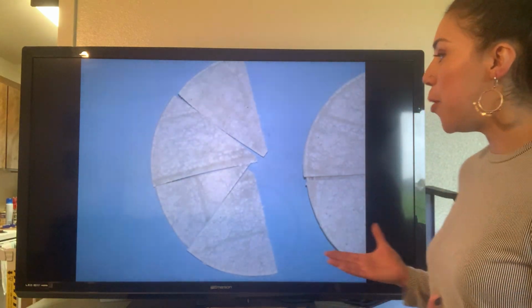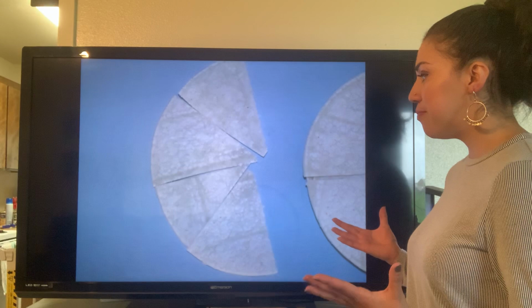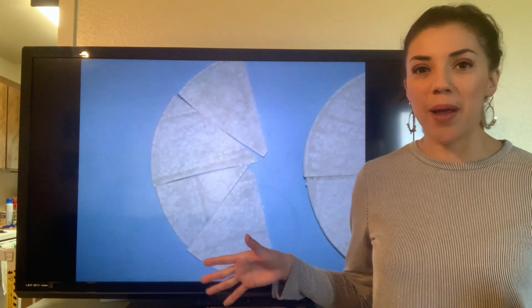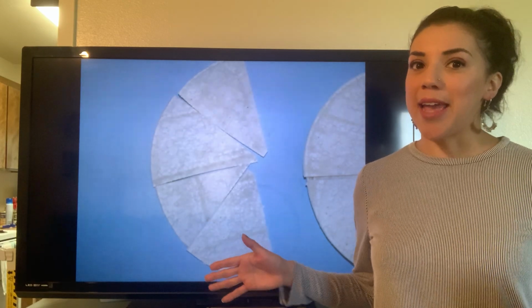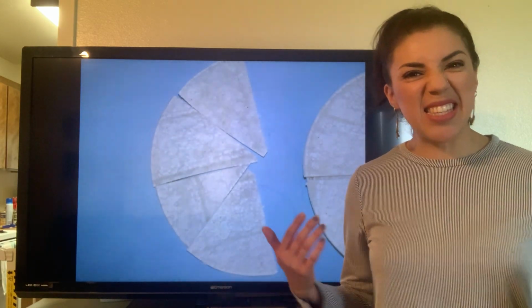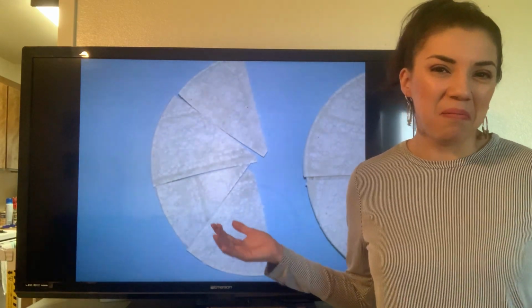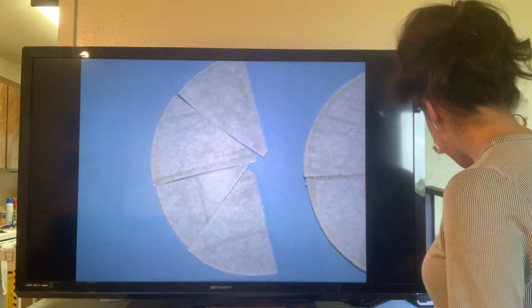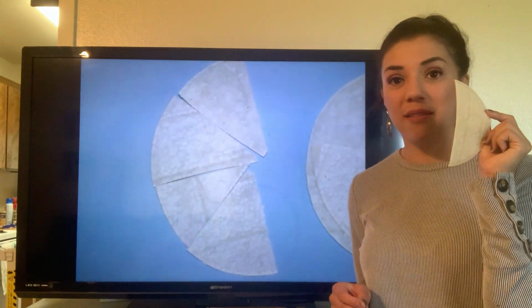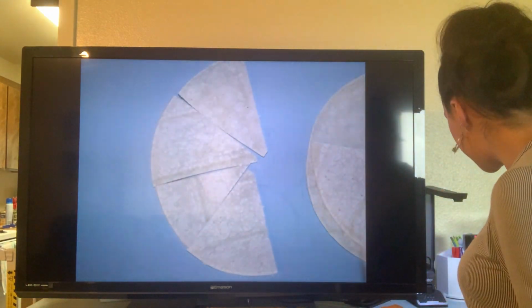Now he's going to eat 4/8 of the fruit pie. 4/8 sounds like a lot, right? But it's still just 1/2. Still the same as this guy right here. Yeah, it's the same. It's equal.